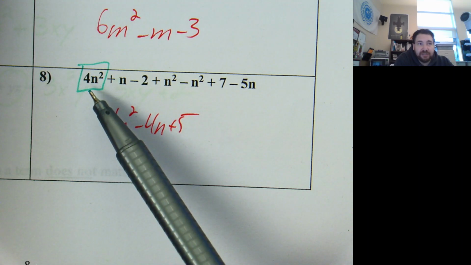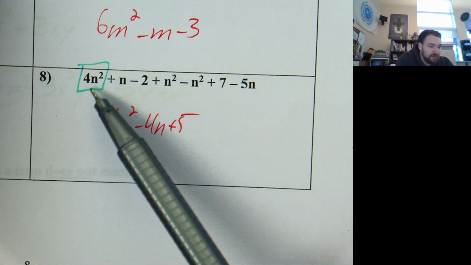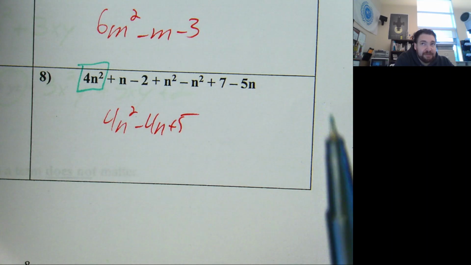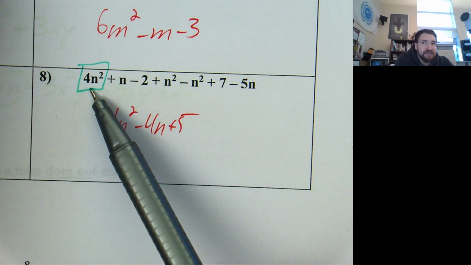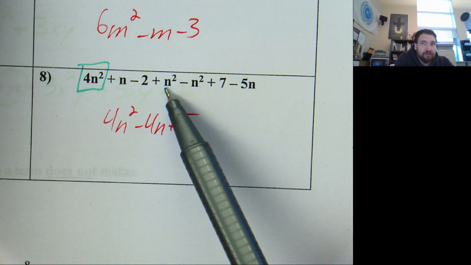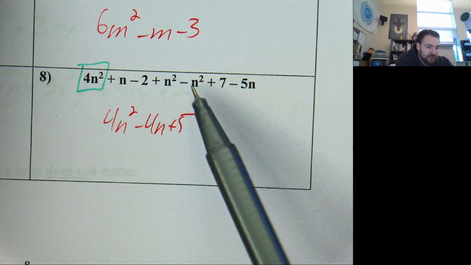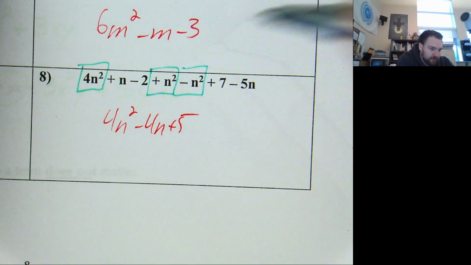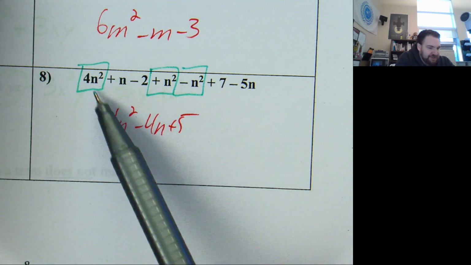You need to look at the question. Hayden, you have to have the same variable with the same exponents. So look at the list. Are there any other n to the power of 2's? How many? There's 2 of them. One right there and one right there. So these guys are going to be like terms. So I've got 4n².